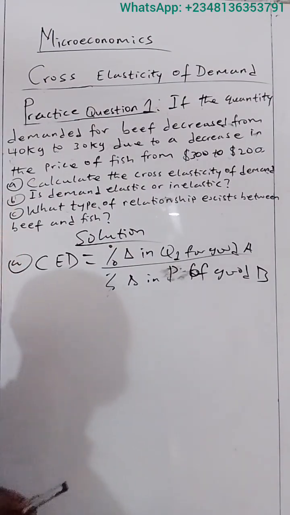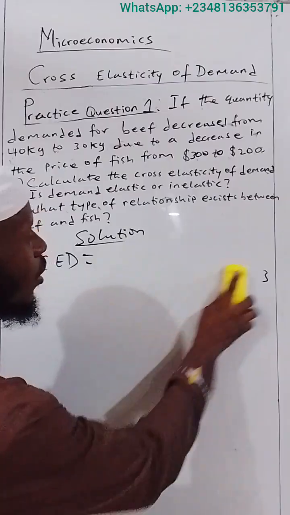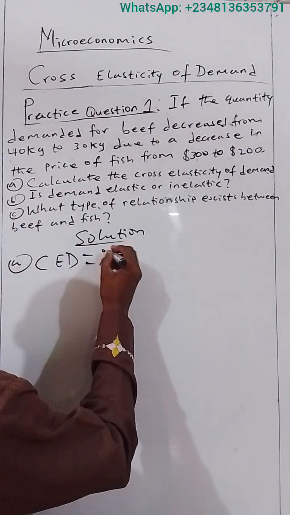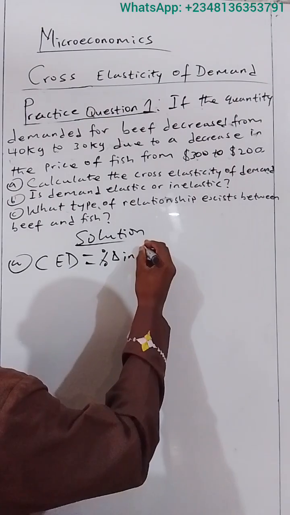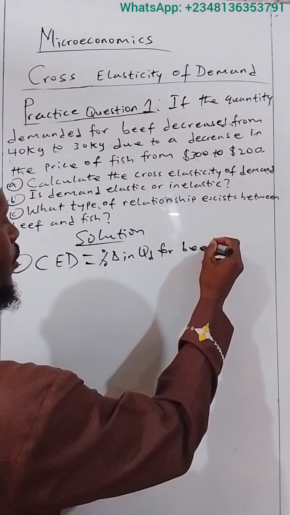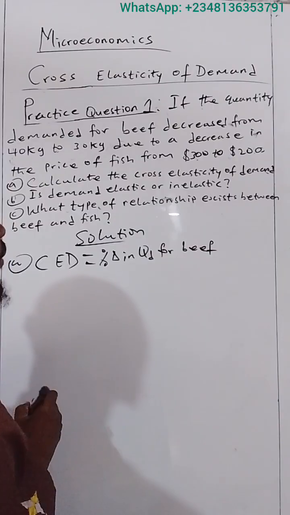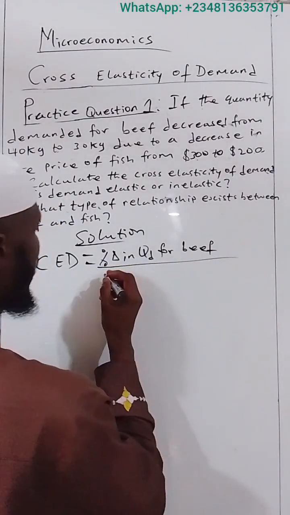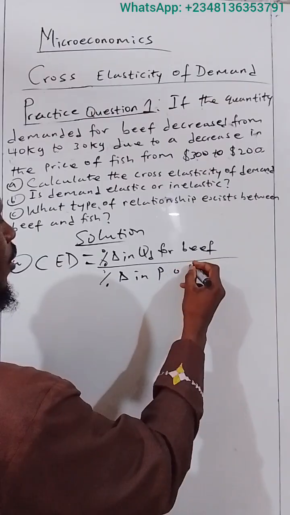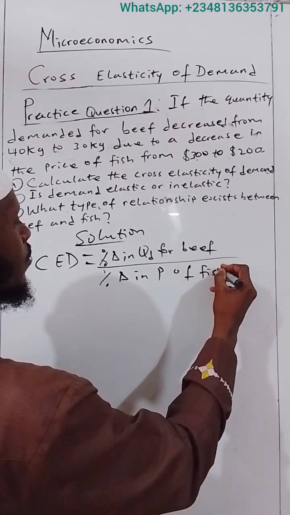Therefore, the formula we are going to use is percentage change in the QD for beef divided by percentage change in the price of fish.